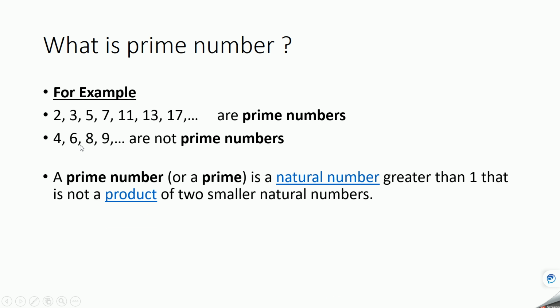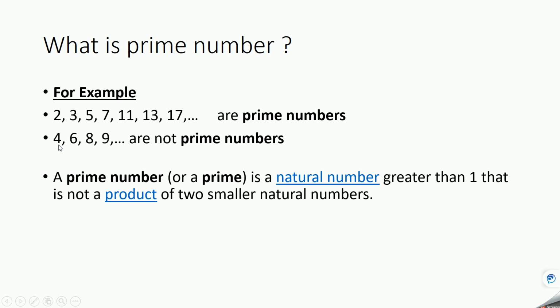According to Wikipedia, a prime number is a natural number greater than 1 that is not a product of two natural numbers. Basically, here 2 is not a product of two numbers, so you cannot divide it by other numbers.